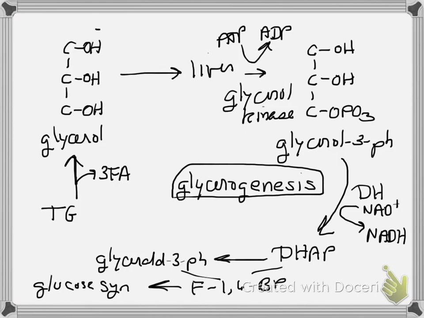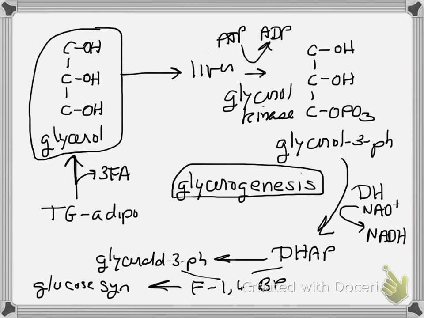So this is where glycerol, coming from adipose in the fasting state, is reutilized from the backbone of a triglyceride in adipose, and the liver picks it up so as not to waste carbon units and contributes that into the gluconeogenic pathway.